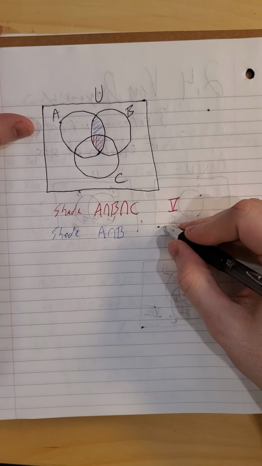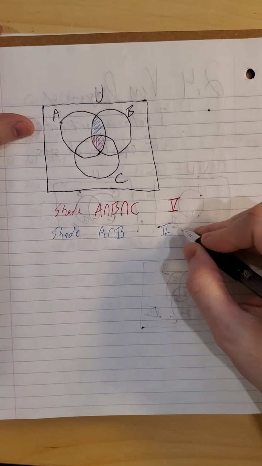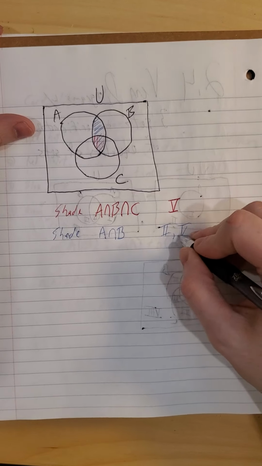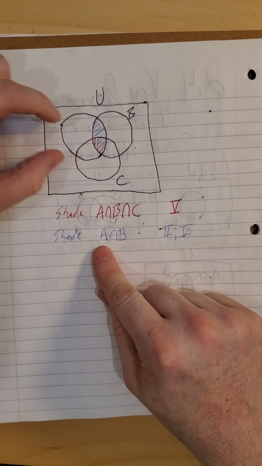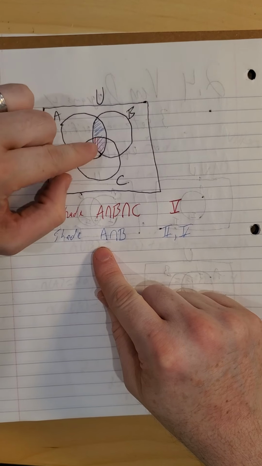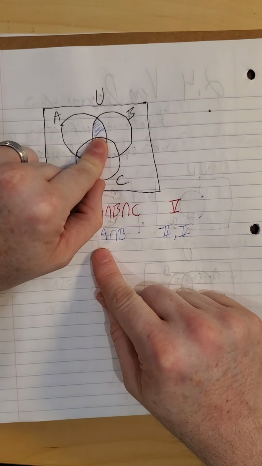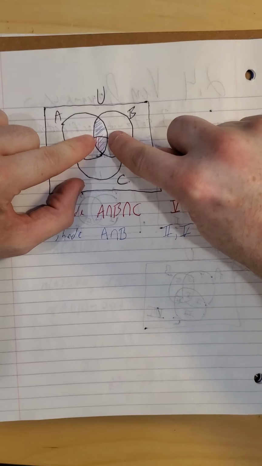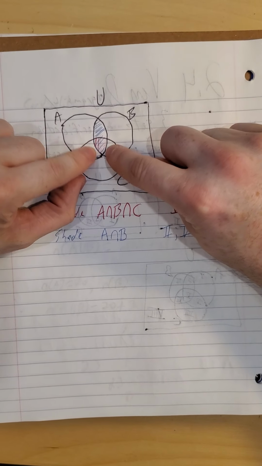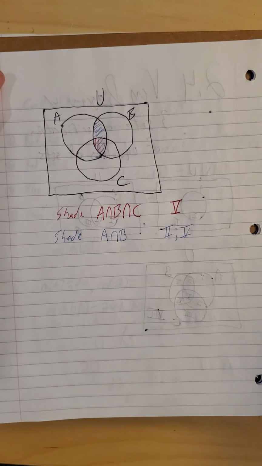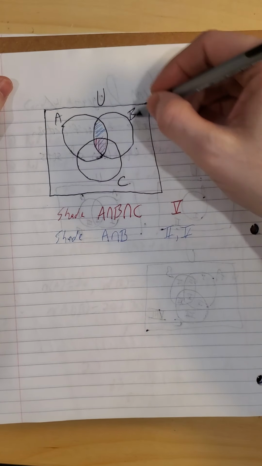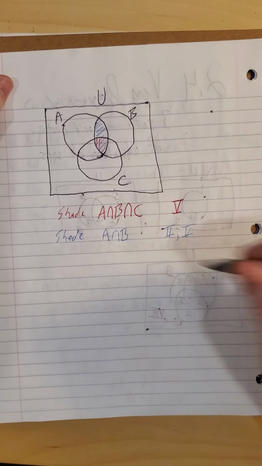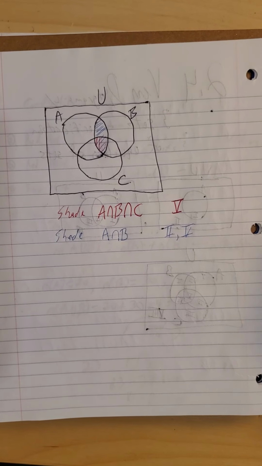This one covered both 2 and 5. So A intersection B, notice it does not stop at the top part here. This part that's been shaded both blue and red is still inside of A, it's still inside of B, it would still be part of that intersection.